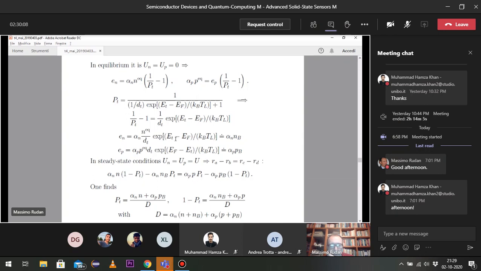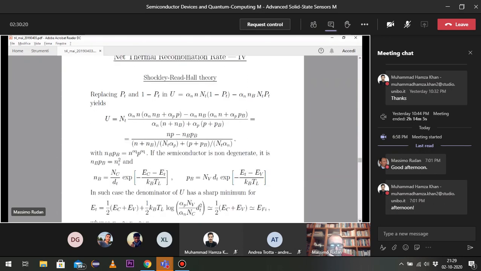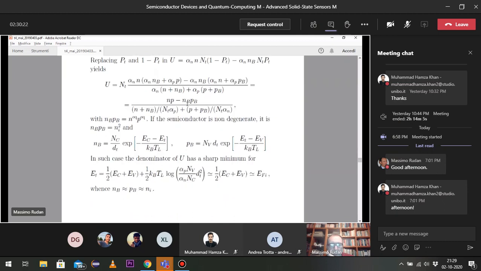So the exponentials cancel, dt and dt cancel, and we are left with n equilibrium times p equilibrium. So this product here is actually the equilibrium product of the electrons and holes.